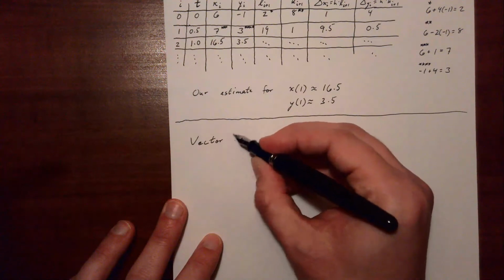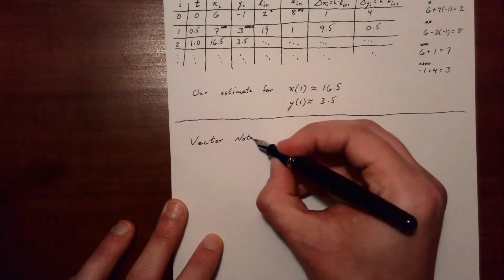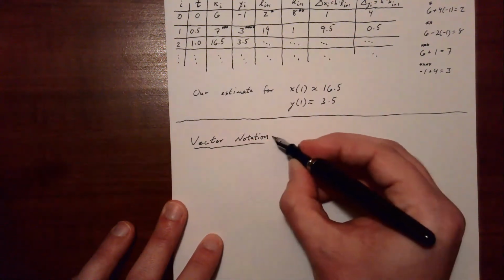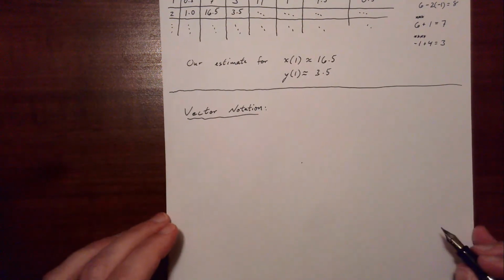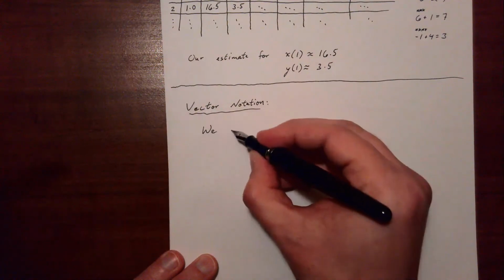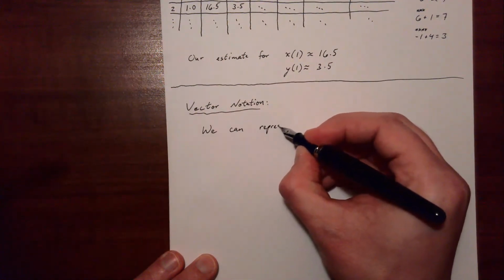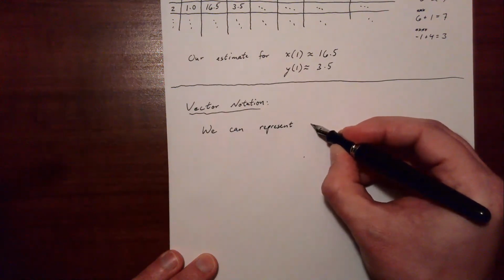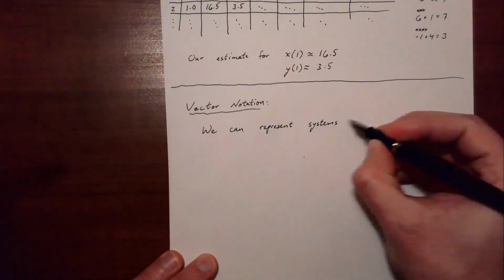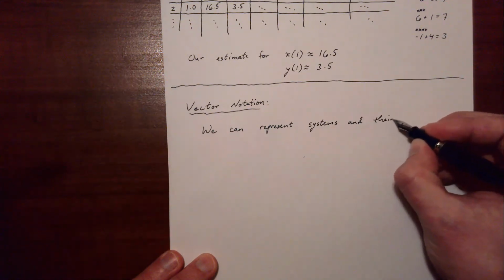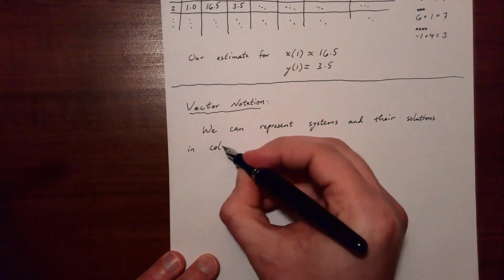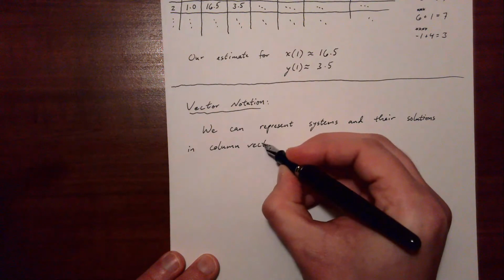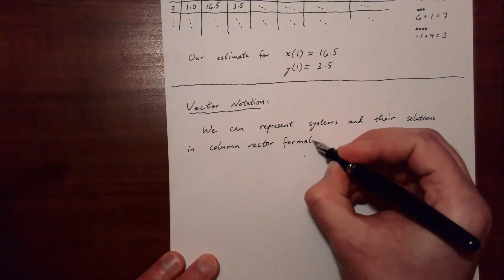So vector notation. One thing that is going to be a common practice for us, and is definitely a common practice in the world, is to represent systems of equations and their solutions in column vector format.